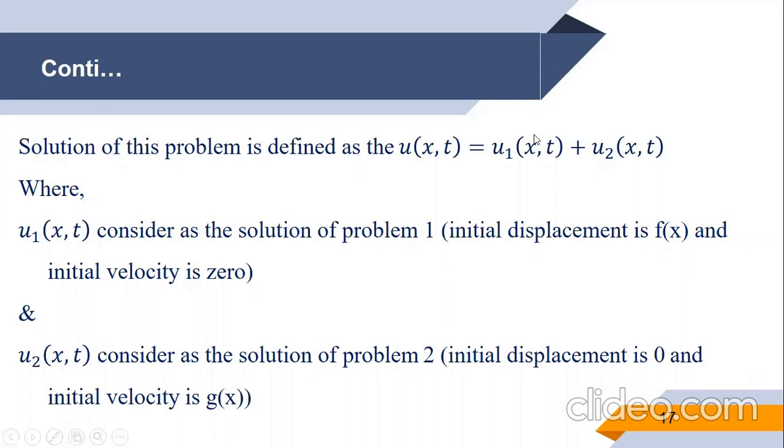Now the solution of this problem we define with u(x,t). So u(x,t) is equal to u1(x,t) plus u2(x,t), where u1(x,t) is considered as the solution of problem 1, where initial displacement is f(x) and velocity is 0. So u1(x,t) is the solution of problem 1 type, and u2(x,t) is the solution of problem 2 type.